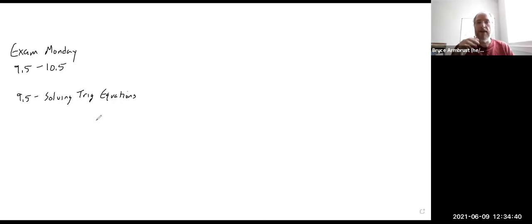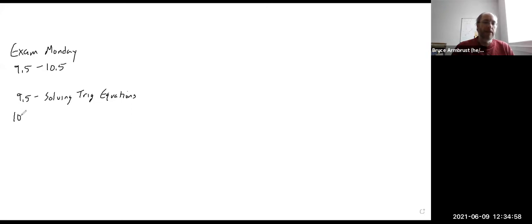Also make sure you find all of the angles. This is mostly an issue with sine and cosine because the period is 2 pi, but there are multiple places in that 2 pi where you'll see solutions.